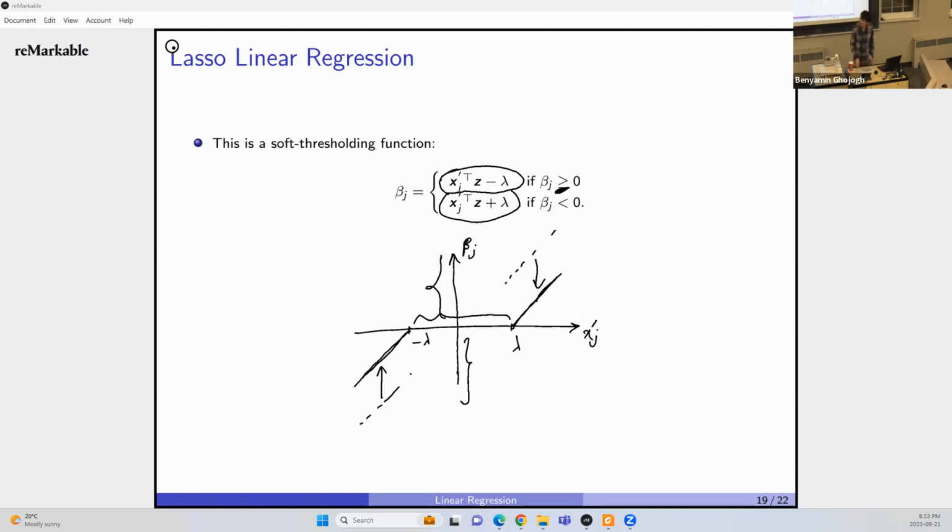So if you don't use regularization, it's supposed to be something like this line. For this region, it's shrinking to here. It's making beta smaller. For this region, it's shrinking it to here, making the absolute value of beta smaller. For this region, it's making beta exactly 0, setting it to 0. Right?